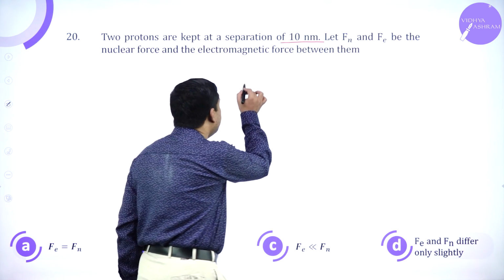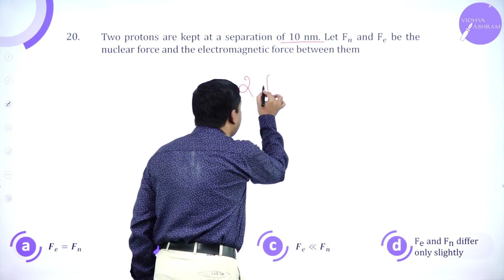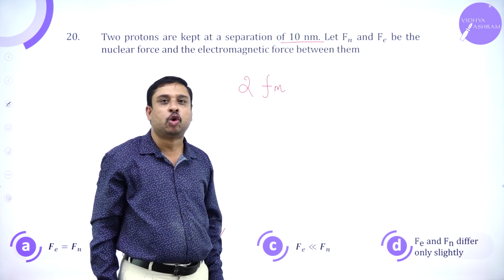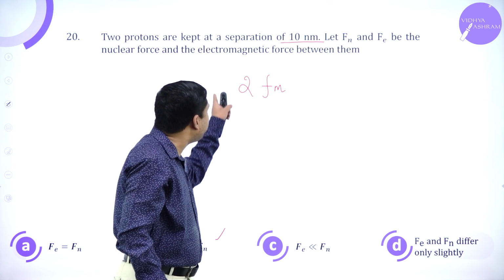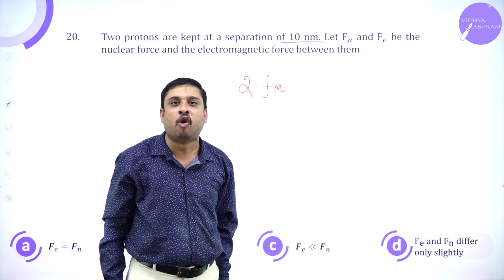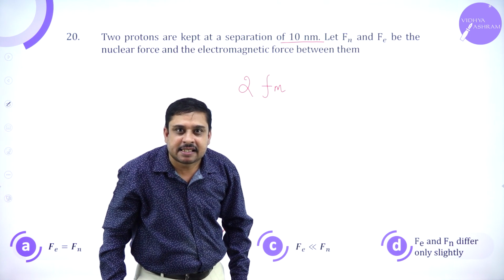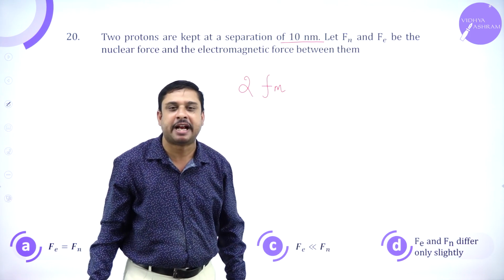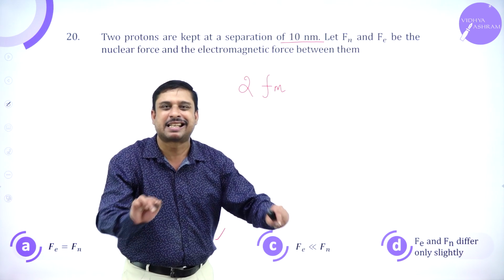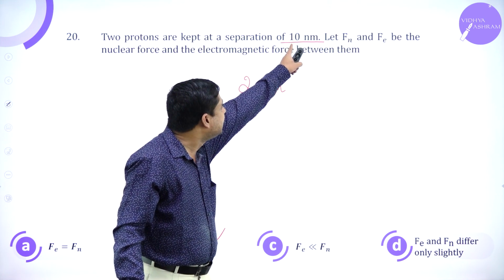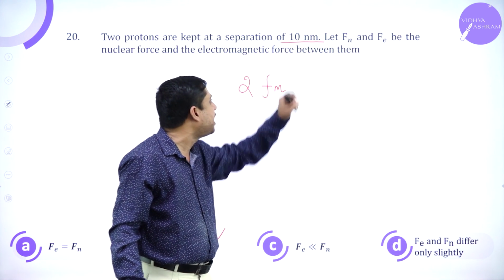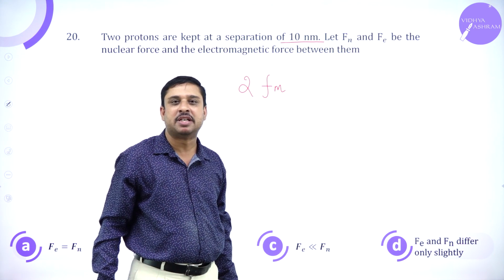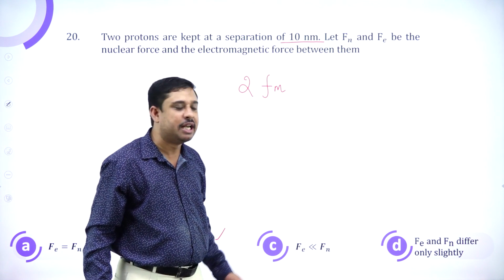Please remember, nuclear forces are appreciable only until the two nucleons are separated by a distance of 2 Fermi. Any distance which is more than 2 Fermi, nuclear forces break down, they saturate, their strength decreases. So, since the distance is greater than 2 Fermi, electrostatic force is very much greater than the nuclear force.